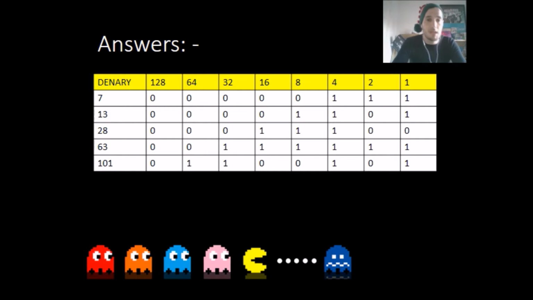If you have to make a number such as 31, you would turn on all the switches after the next biggest number value. And then we've got 101, which is 64 plus the 32 plus the 4 plus the 1. And that is how you make those in binary.